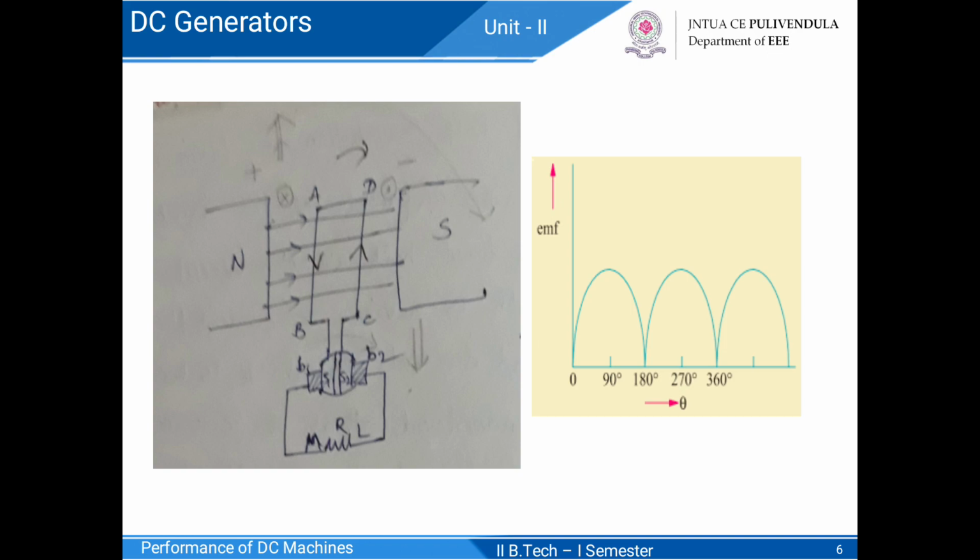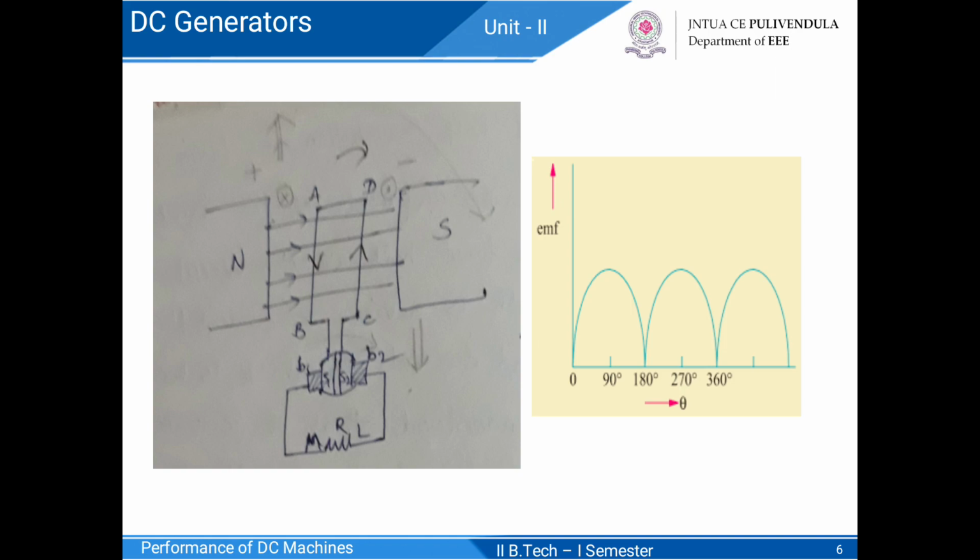In the first half revolution of the coil, the current flows along ABMLCDA, that is, the brush B1 is in contact with S1, which is acting as the positive terminal of the supply, and brush B2 is in contact with S2, which is acting as the negative terminal, right?